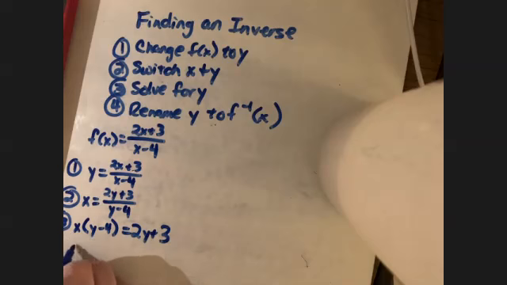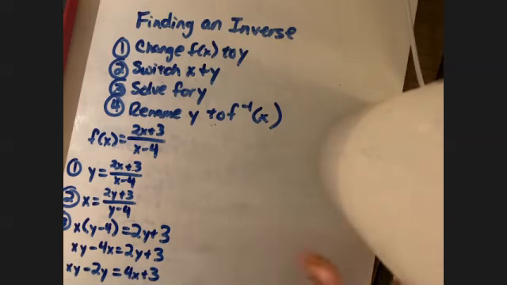So we're actually going to distribute, and now I can get my y's on one side and my numbers on the other. I'm going to bring the 2y this way and move the 4x that way. So I'm going to subtract my 2y, and I'm going to add my 4x over to the other side.